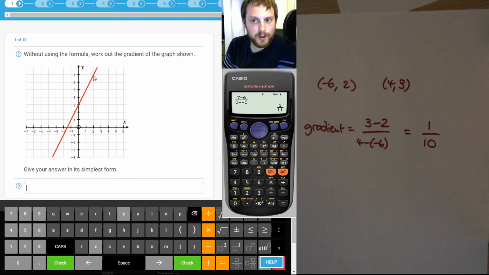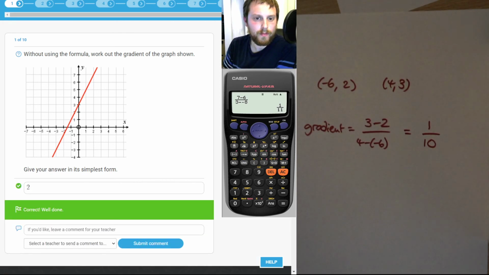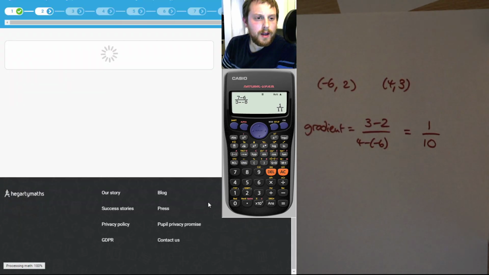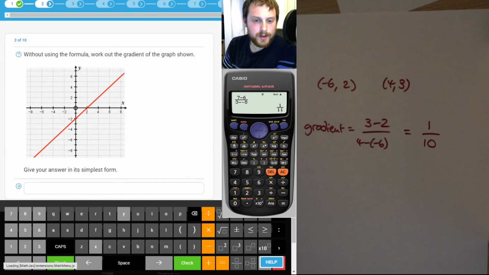You can do it however you want. The answer in this situation is going to be 2, because the up divided by the along, 2 divided by 1, 4 divided by 2, both give you 2. So I might skip until we get some harder questions, okay?